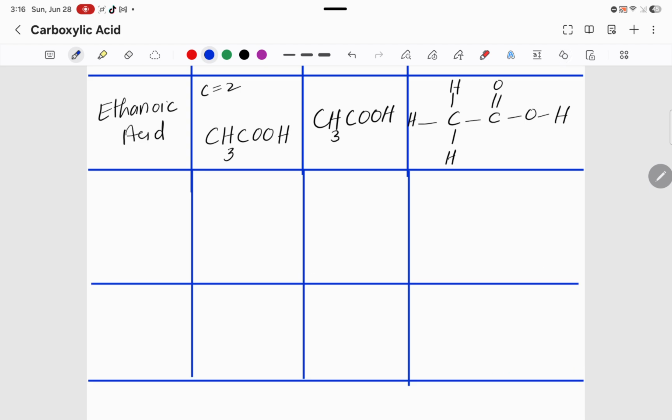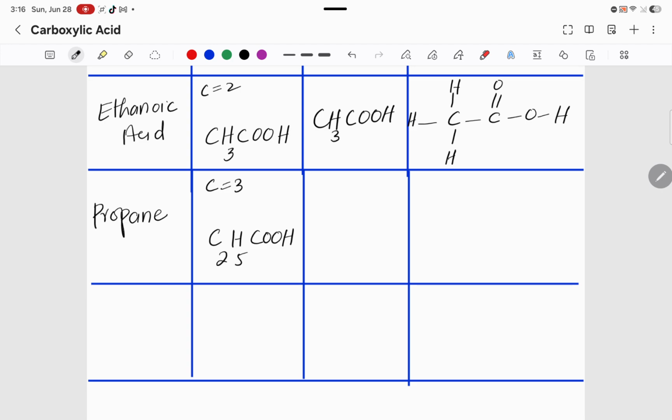Okay, so next is carbon number 3. So instead of 3, I will write down 2, H2n plus 1, that makes 5, COOH at the end. Carbon number 3 is propane.